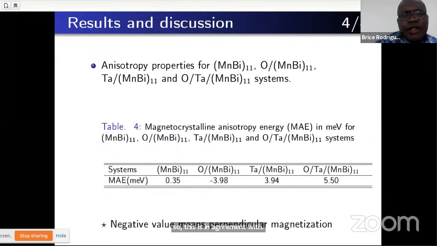But when oxygen is adsorbed on MnBi, we have a switch of the magnetization from in plane to out of plane. So we obtain the value 3.98.